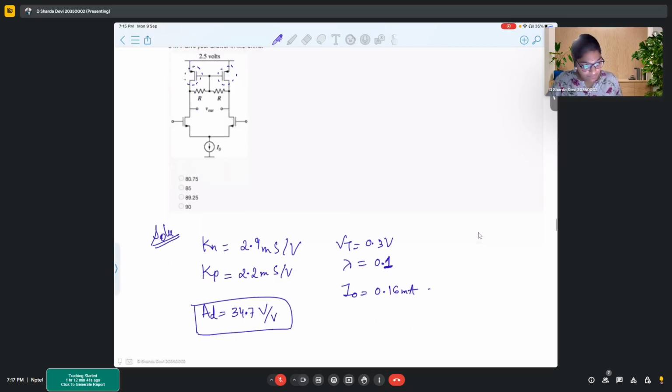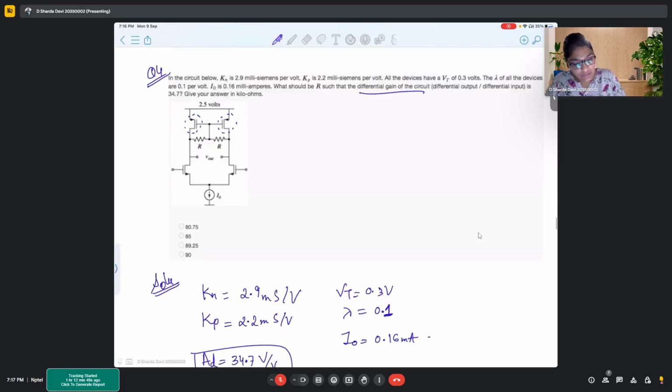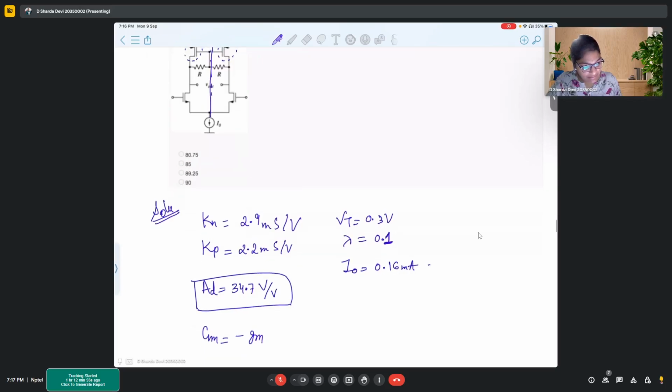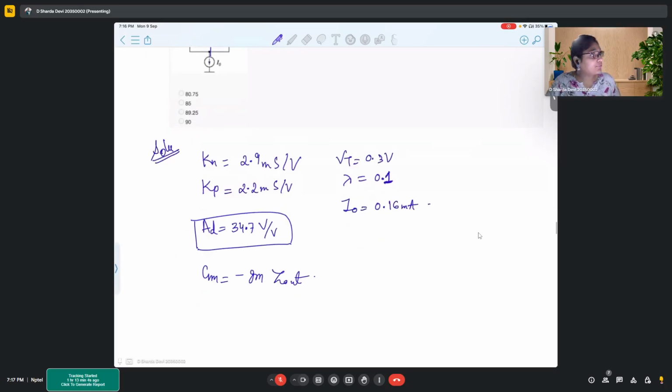In this particular problem, again, we will solve half of the circuit, and based on half circuit analysis, since it is a CS amplifier again, the gain will be Gm into Z out, the simple gain that we know.